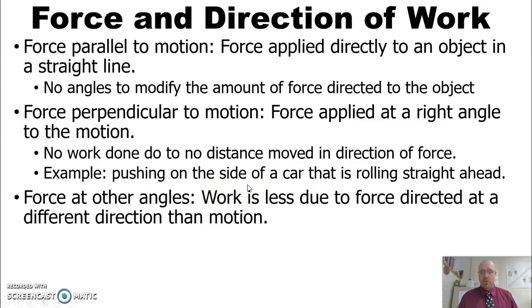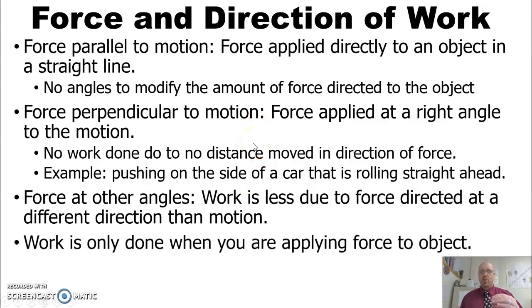So let's talk about force at other angles. Work is less due to force directed in a different direction than motion. The most common example that I can give is a lawnmower, where the lawnmower is down on the ground and the handle is way up in the air, and you're pushing at the top. Some lawnmowers have a nice steep angle, so you can push really easily. Other ones are really jacked up, so as you're pushing, the back tires of the mower keep coming off the ground.